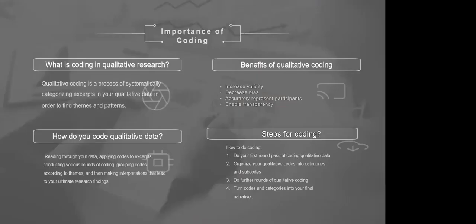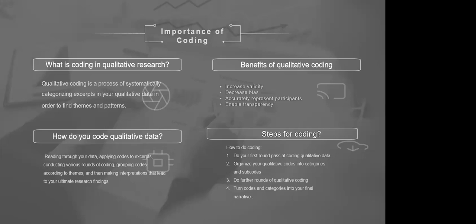So what is coding in qualitative research? Coding, in simplified terms, is just categorizing your qualitative data in order to find themes and patterns. You can imagine if we were doing it the traditional way, using papers and interviews before technology came in, you would conduct questionnaires, and now you'd have to sit with the questionnaires and highlight them and write short notes on the side.